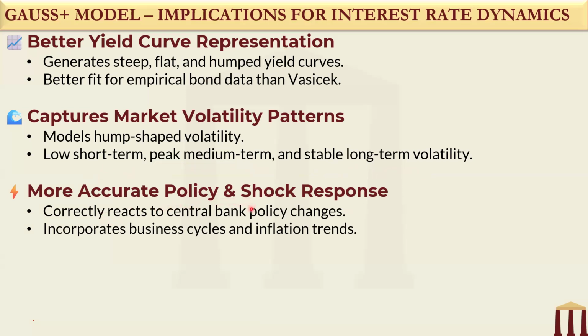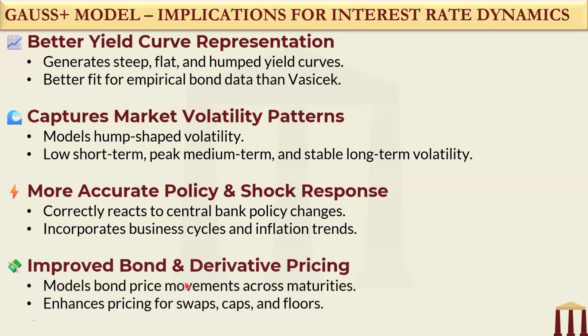This is again a critical advantage of the Gauss plus model, the responsiveness to policy and economic shocks. At short-term levels, it reacts as soon as possible, quite quickly and accurately, to central bank policy changes. And over the medium and long term, it incorporates the effects of business cycle as well as inflation trends, which gives a more realistic reflection of the markets.